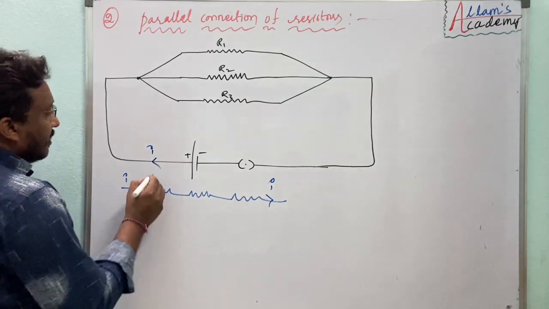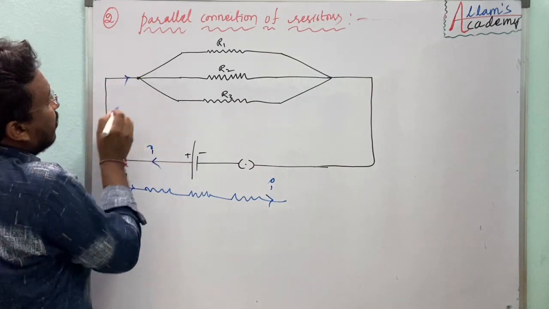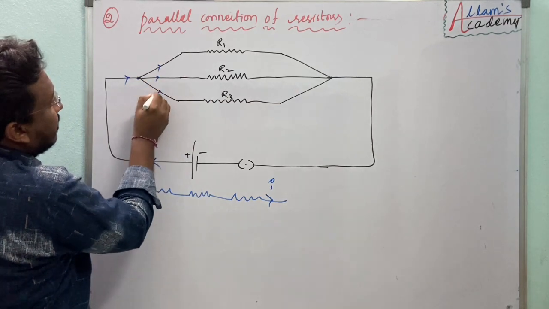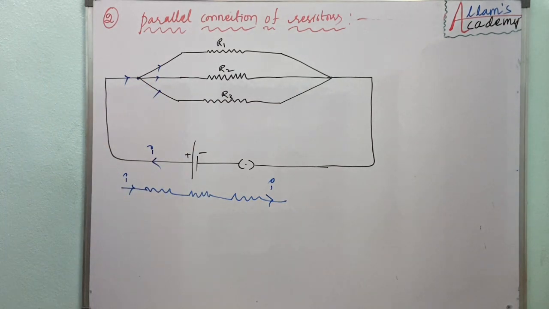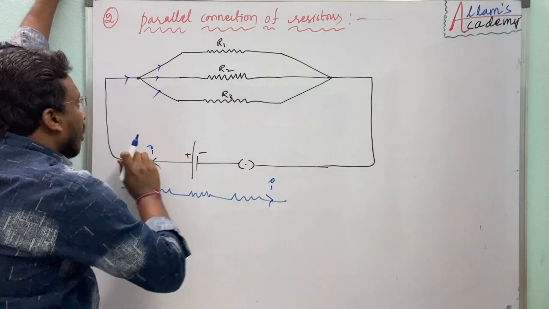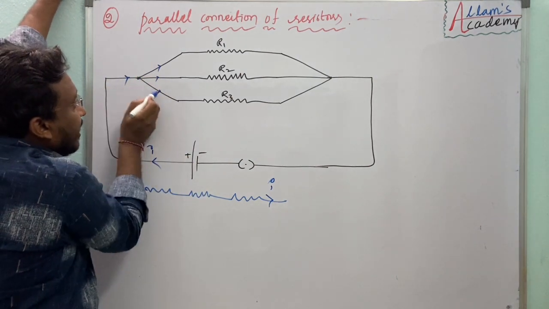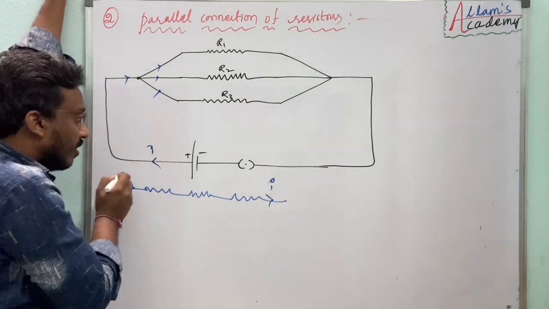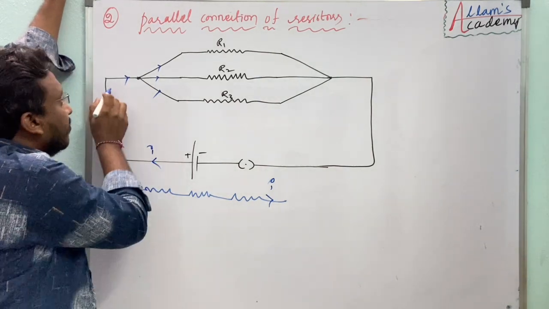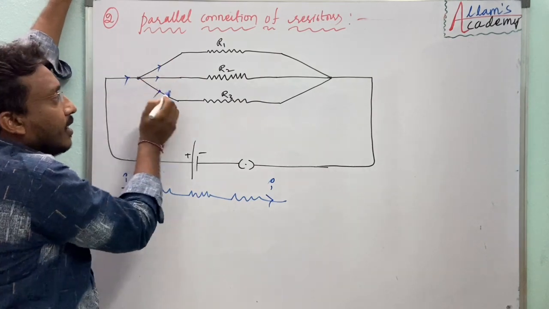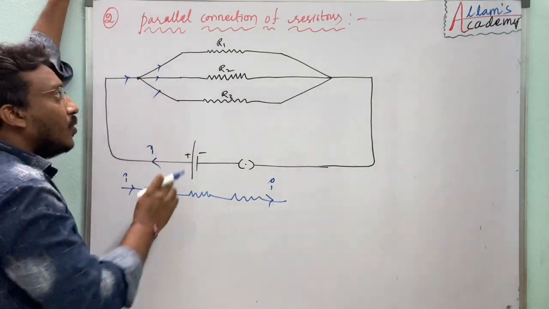Here, what happens when current reaches here? It has three paths, this direction, this direction, this direction. What happens to the current when it comes here? The current splits. The amount of current which came to here can be split among the three resistors.